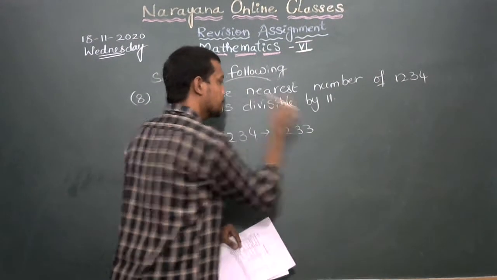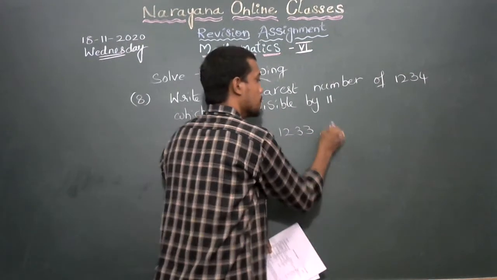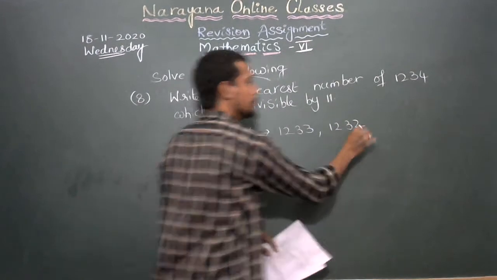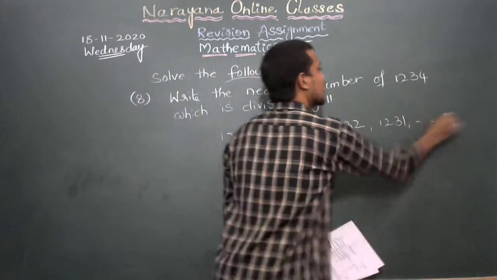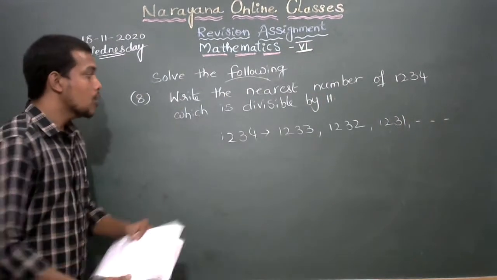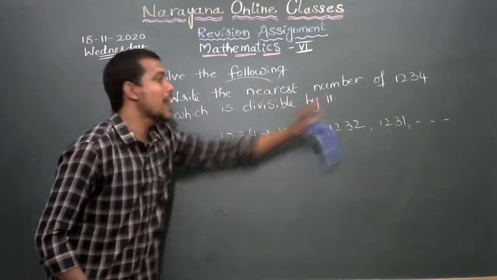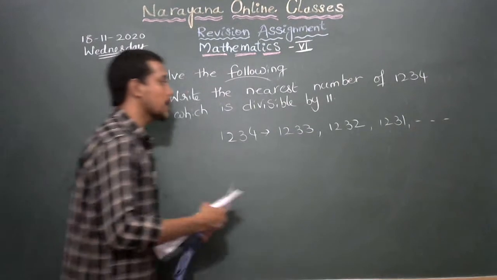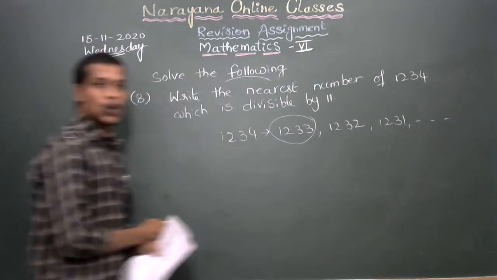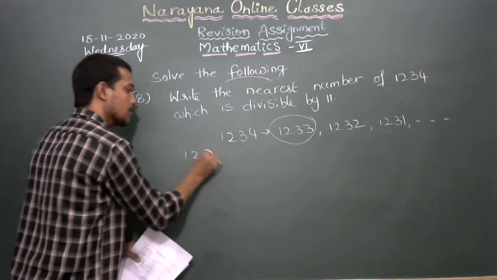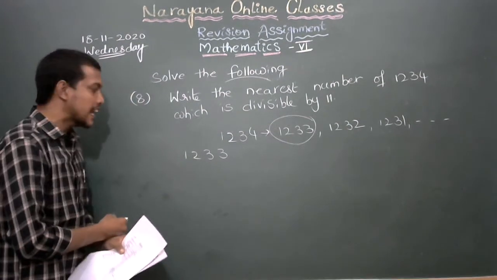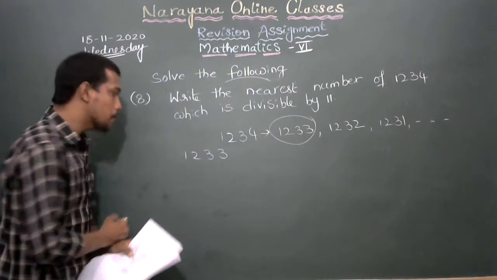1, 2, 3, 3. Okay. 1, 2, 3, 2. 1, 2, 3, 1. And so on like this. Now in these nearest values, which number is divisible by 11 or not? Now I am taking 1, 2, 3, 3. Here also you should take even places and odd places.